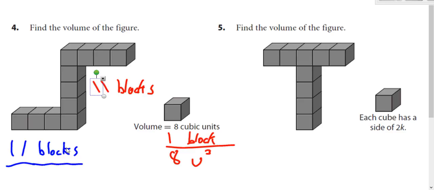We're trying to get rid of blocks and turn it into our units. We have blocks on top. We need to flip our conversion factor so that it will cancel out blocks. Blocks is on top, we need blocks in the bottom.